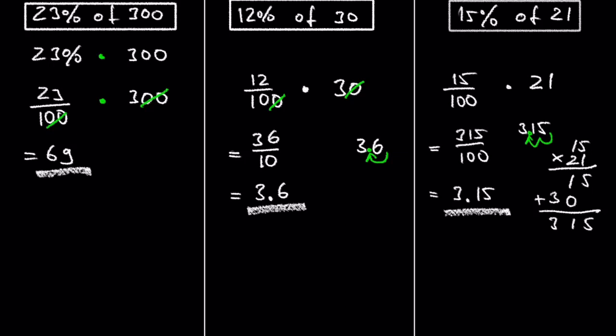So 10% of 300 is 30. And 1% of the number is one part of the number, which means we have to divide the number by 100. And dividing by 100 is the same as shifting the decimal point 2 places to the left, which then makes a 3 of 300.